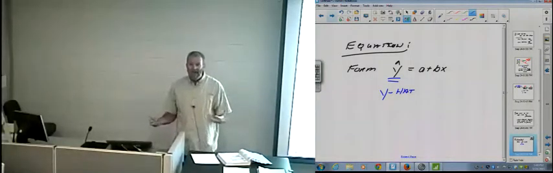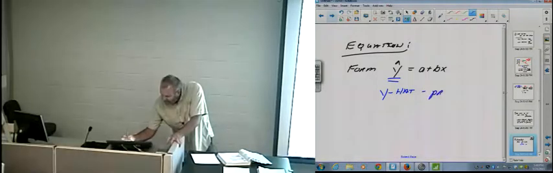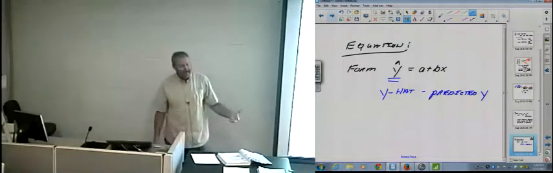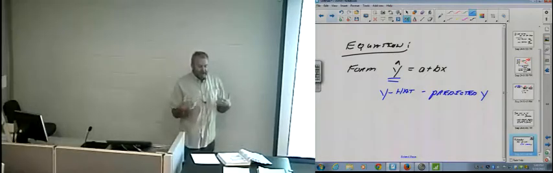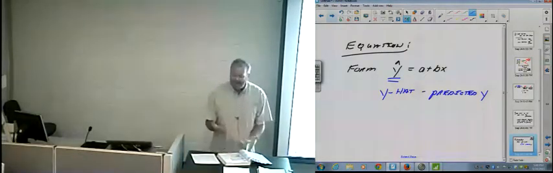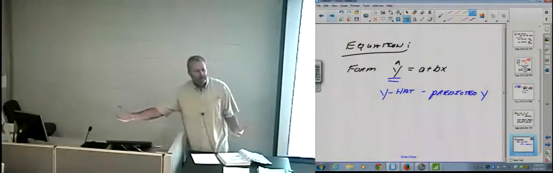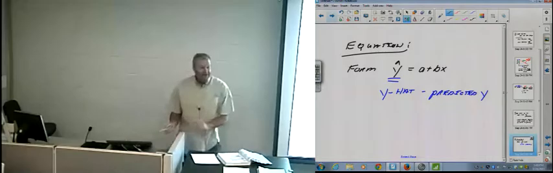Anytime you see Y hat, they're talking to you about a predicted value. It's coming from the line. We have to distinguish it somehow, and that's how we do it. The line does not give you what is observed. It doesn't give you the data. It gives you something predicted for the response variable.